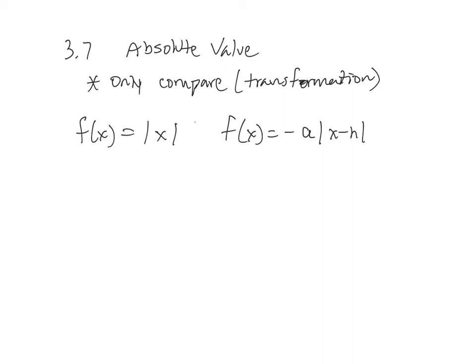Let me back up. There's all kinds of stuff we could do. You could put a number in the front of the x. You could add or subtract a number after the x, and you can add or subtract something at the end.